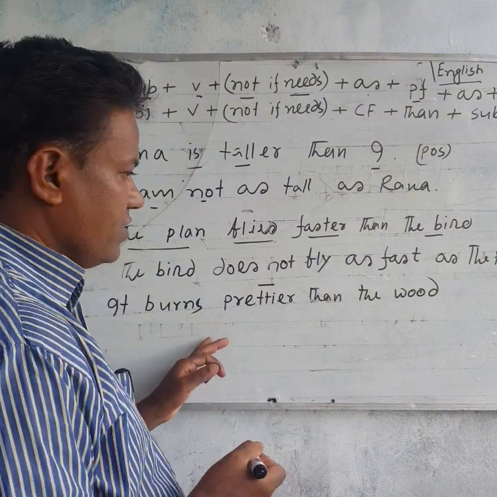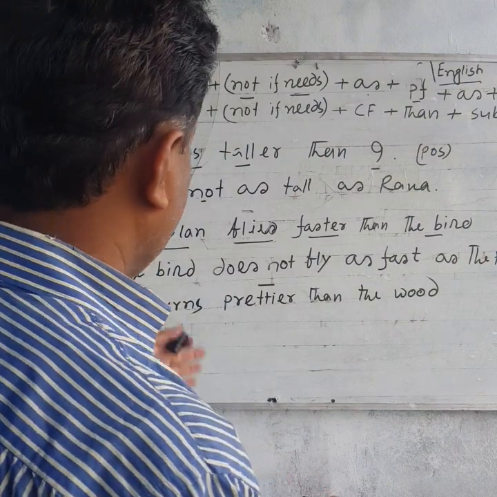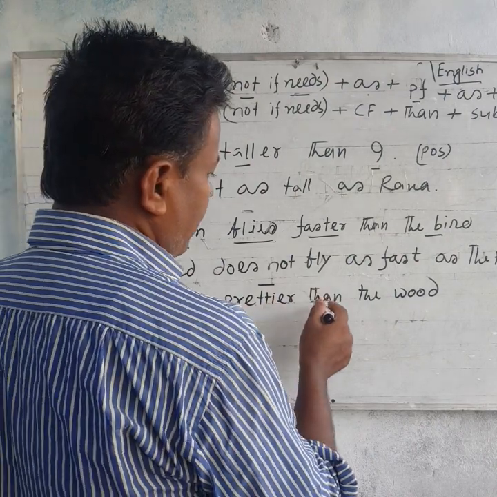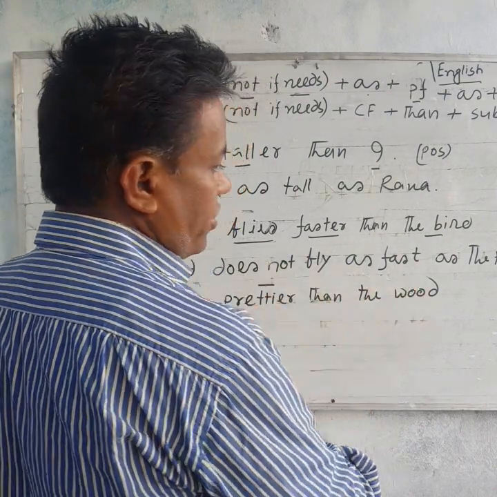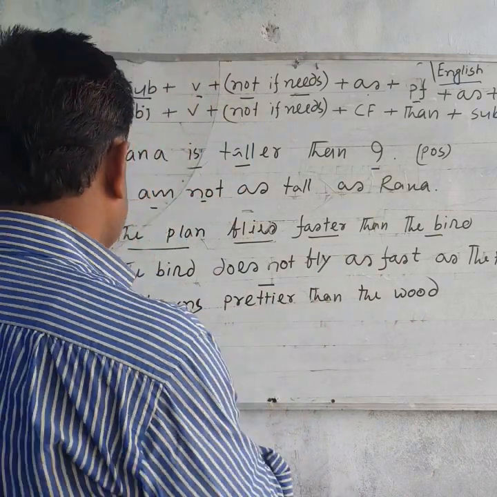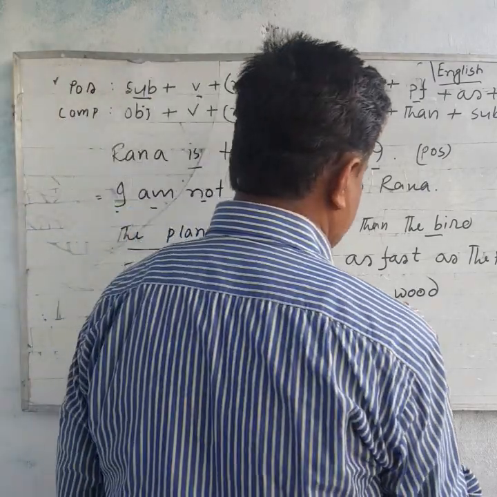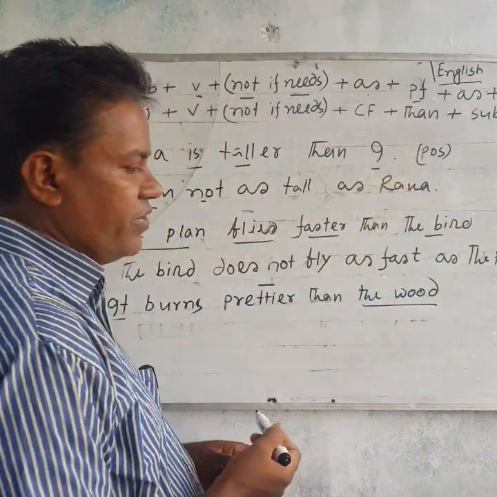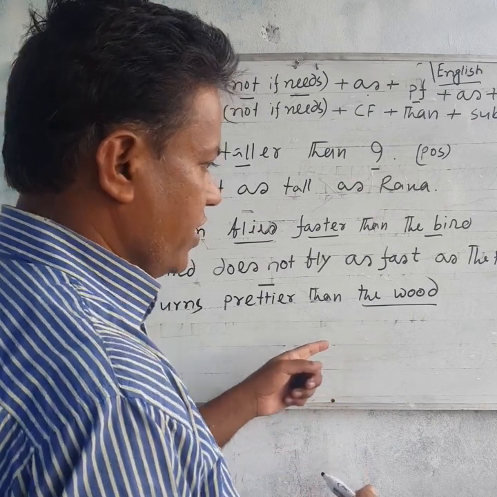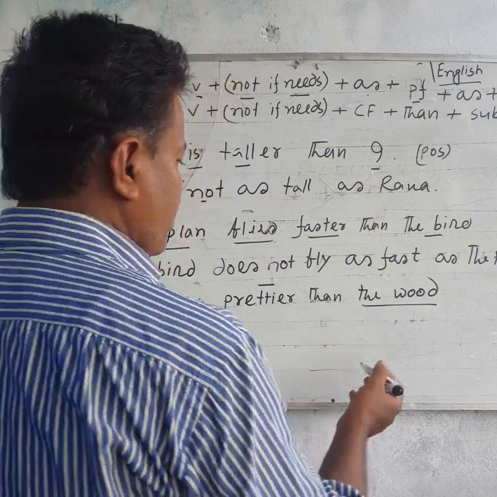Here is another sentence, similar to the previous sentence. So here is it and here is the wood, only two things, only comparable. So at first I have to write the wood.